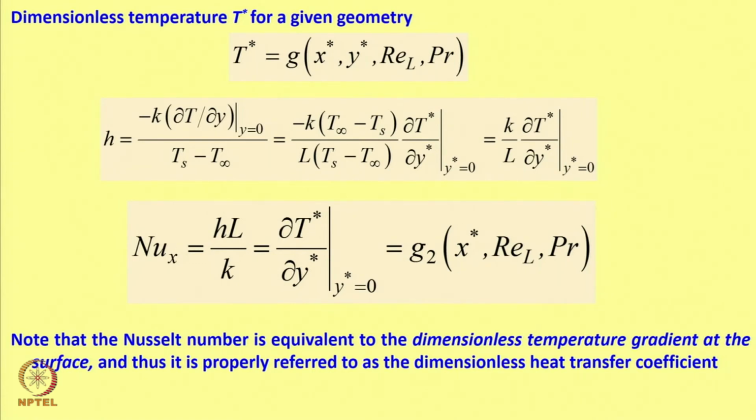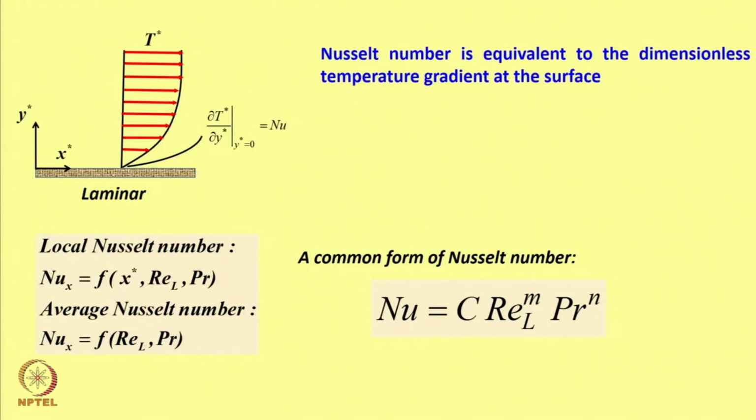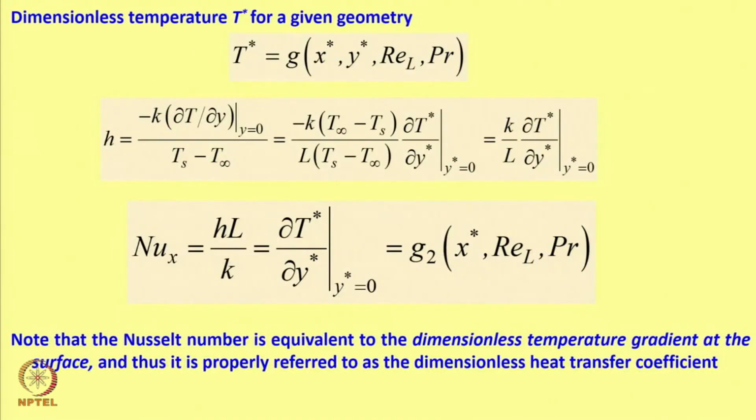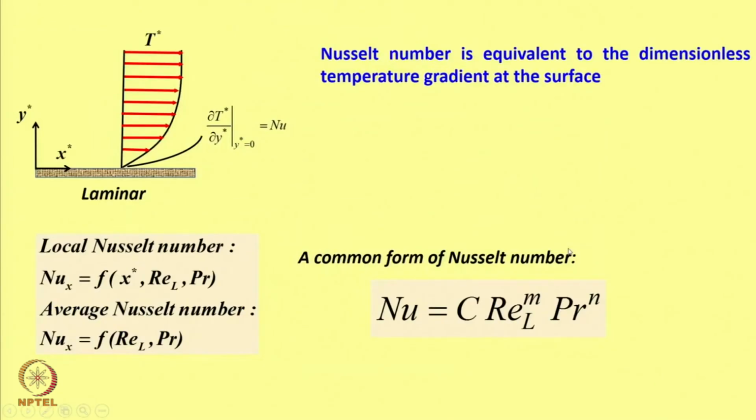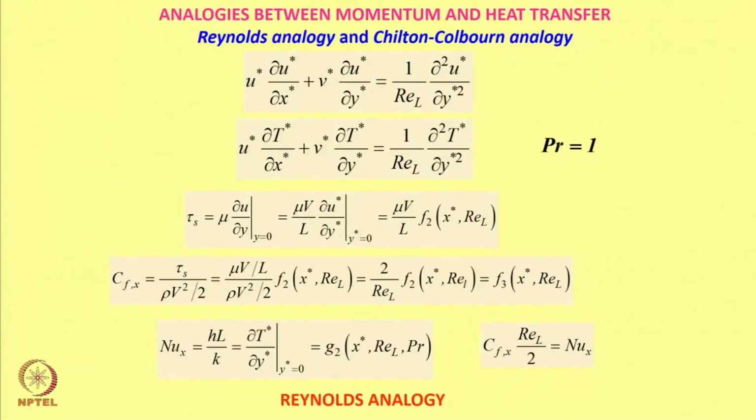Now, if I write Nu x as g2 of x star, ReL, Pr, I know that of course Nusselt number has to be a function of Reynolds number and Prandtl number. Now, if I see Reynolds analogy, these two equations are similar.